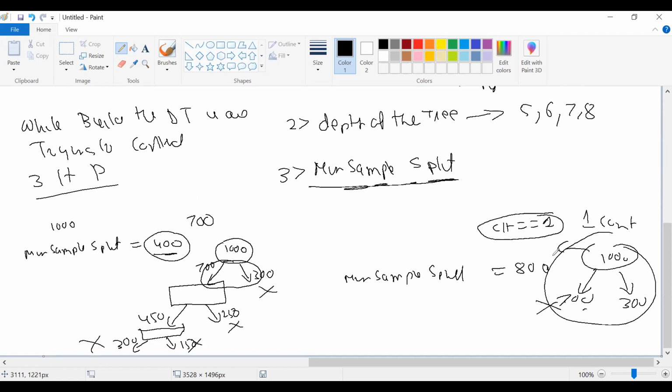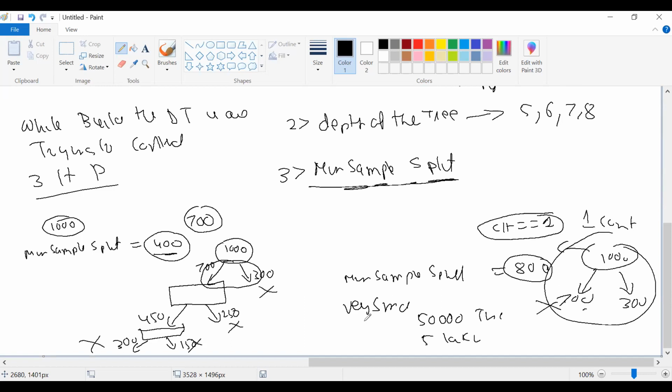So 700 is a very big number, or 800 is a very big number, when the total number of records is 1000. But 700 and 800 is a very small number when the total number of records is, let me say, 50,000, or I say 5 lakh. तो उसके कंपैरिजन में तो काफी छोटा हो गया, right?